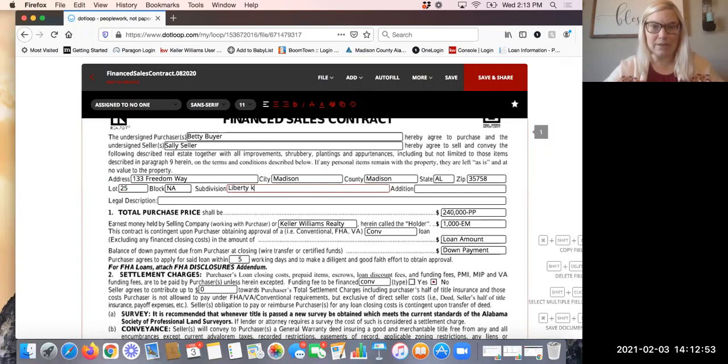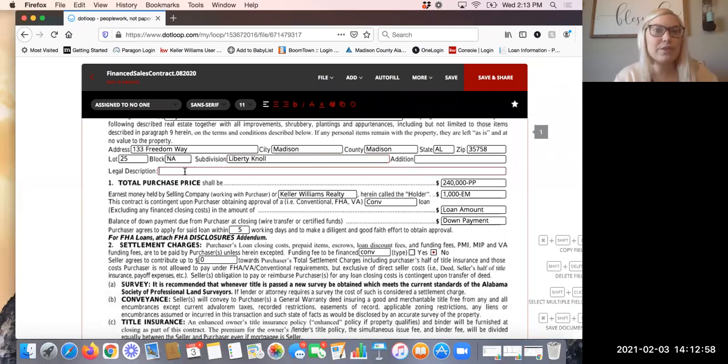I'm going to turn this back so I don't forget about it. All right. Legal description. If there is not a legal description in the MLS, there is a legal description in tax records. It's not as important if it's a lot and block, but it's very important to add the legal description in if it's on tax records, if it's meets and bounds, because that will say something like 500-foot northwest corner, and give coordinates.